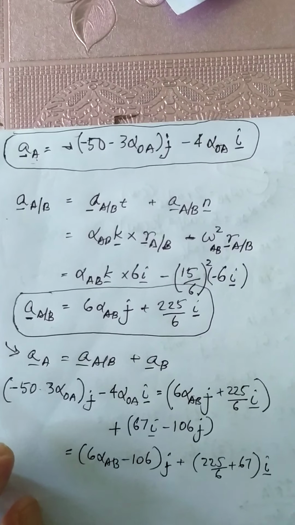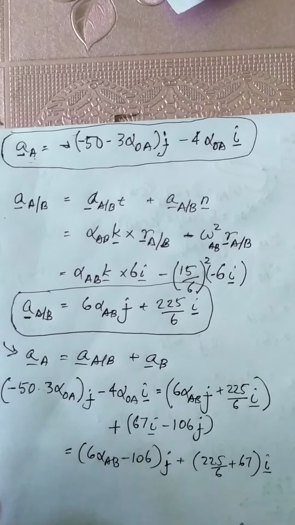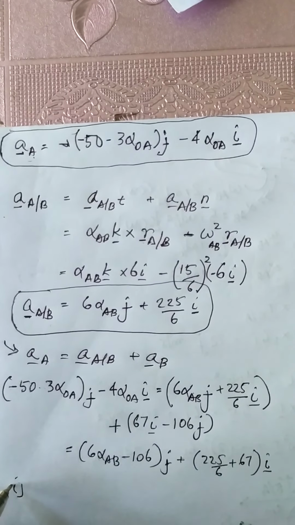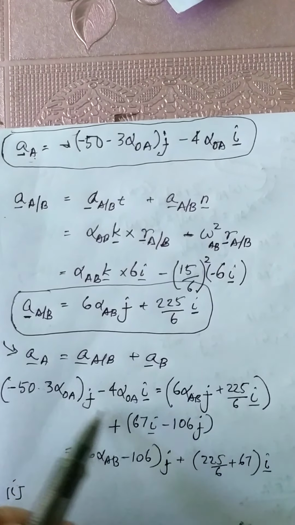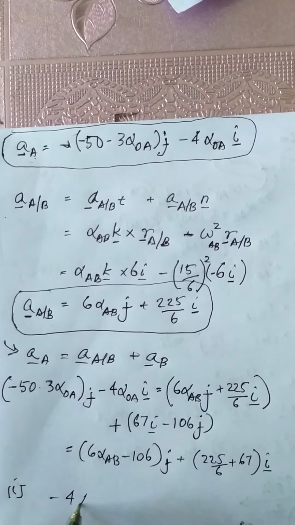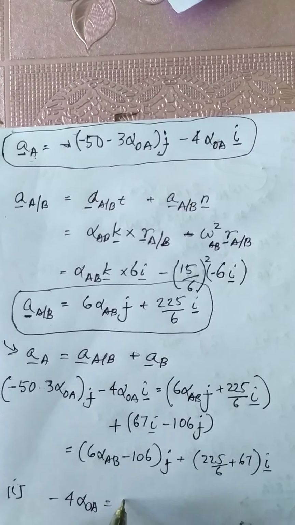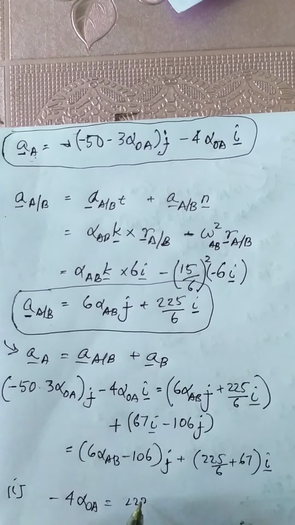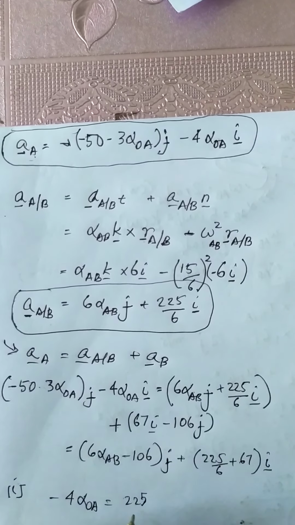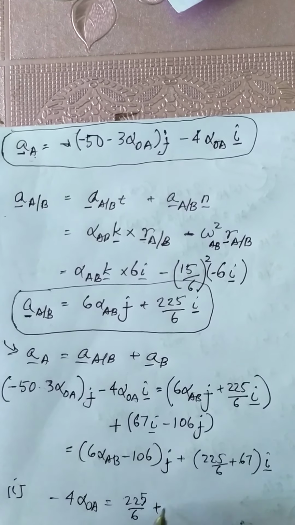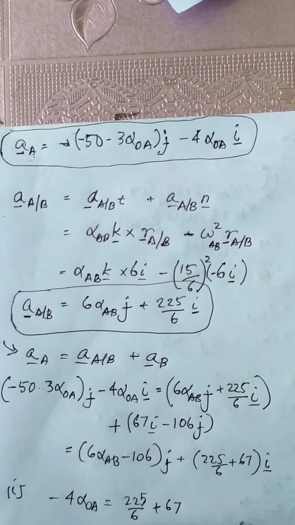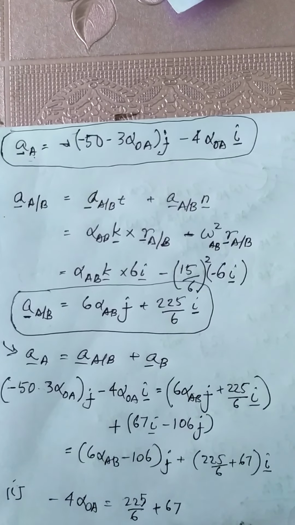Now we can compare the i component. On the right hand side, the i component gives minus 4 alpha OA equals 225 over 6 plus 67, and then you can get alpha OA equals all this expression.